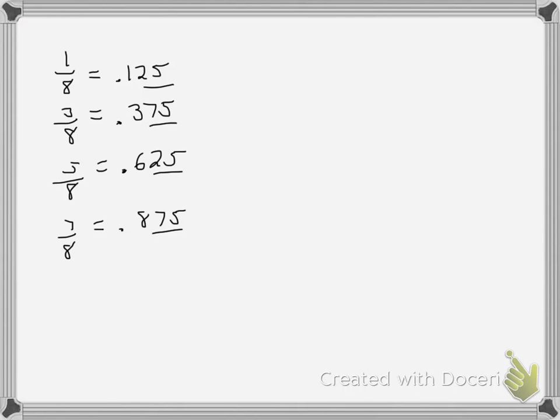So then how would I convert a mixed number or a fraction to a decimal? If I had 7 3/5, for instance, I would write my whole number and put my decimal, and I'm only worried about rewriting the fraction part as a decimal. Well, I know 3/5 is 0.6, and that's all there is to it.